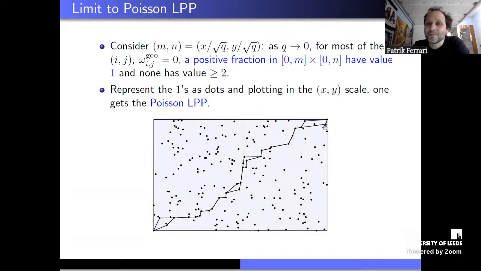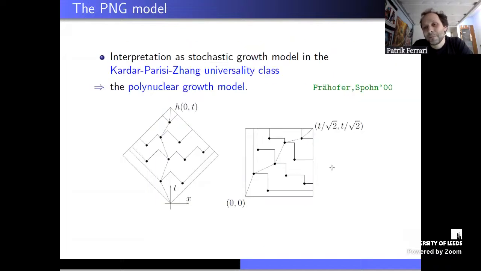For the point-to-point problem, for example, there is the longest increasing subsequence, because you can think that these points you can parameterize by a random permutation of a random length. And Baik-Deift-Johansson indeed proved that the limiting distribution of the number of points which are seen, when your x and y go to infinity, converges to the so-called Tracy-Widom distribution. And then also in some other situations I will mention.